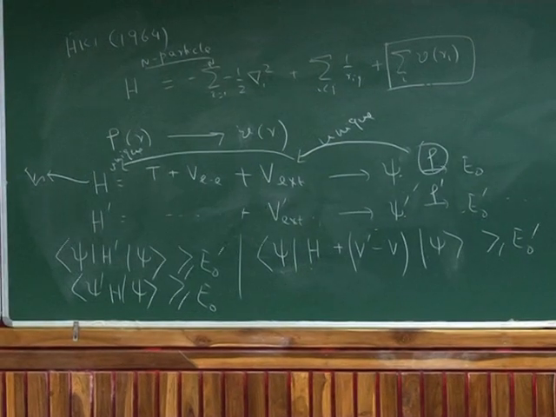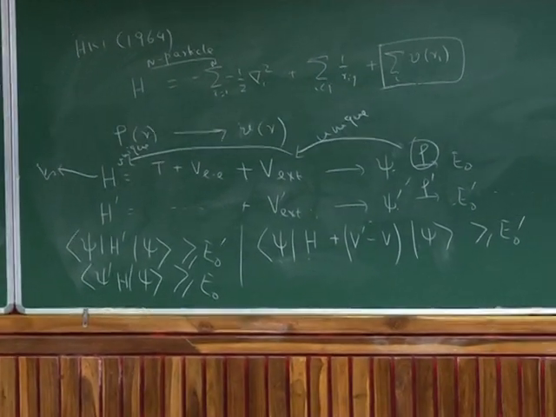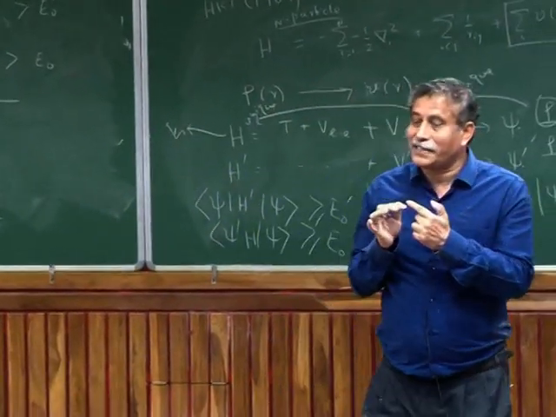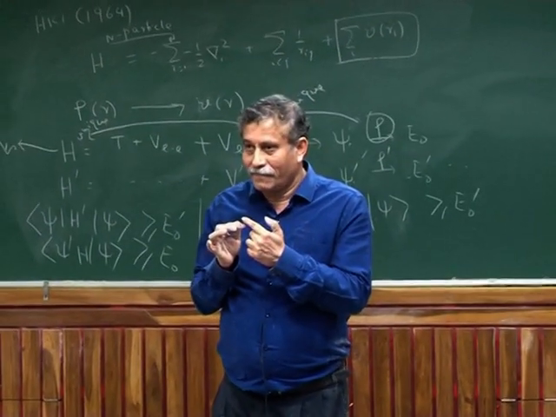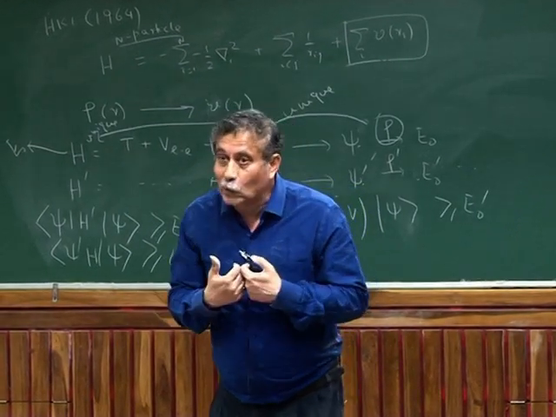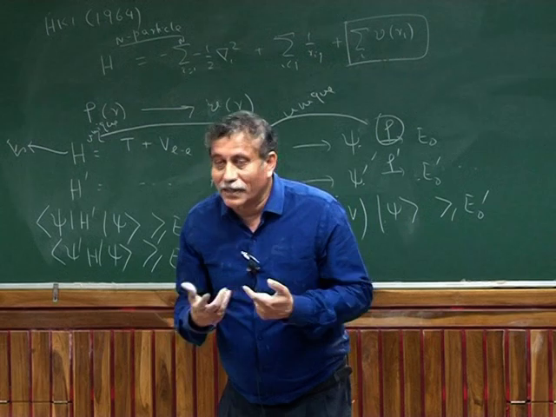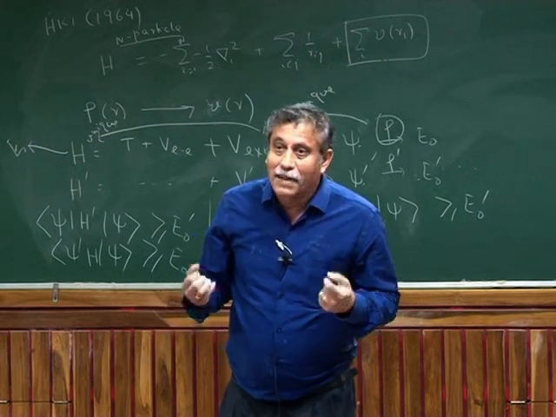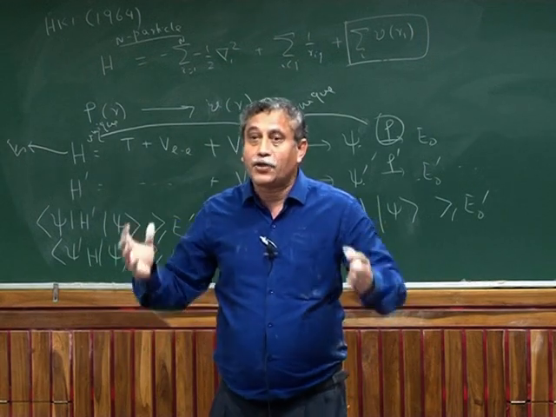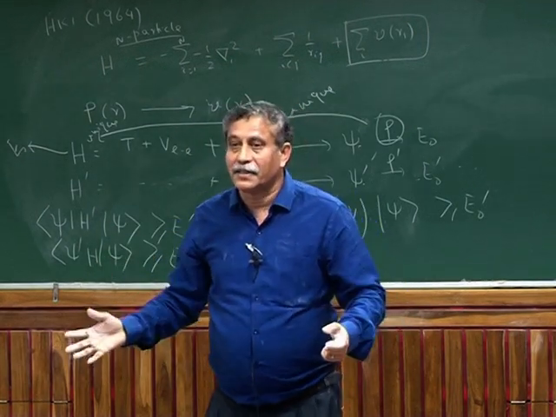And interestingly, there's a lot of slip between the cup and the tea. You may think, but this is the beginning of formal DFT. So many have jumped the gun. Have they jumped the gun? I don't know. They may not have. They are probably right. But then many said, yes, energy is a unique function of density, which means I should be able to write energy in terms of density.